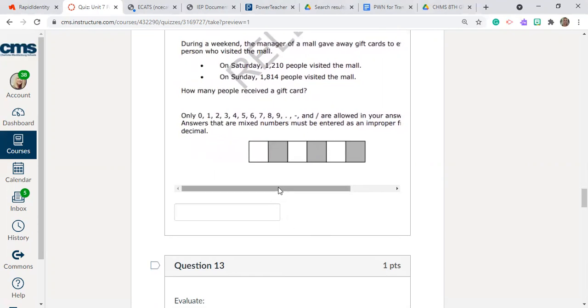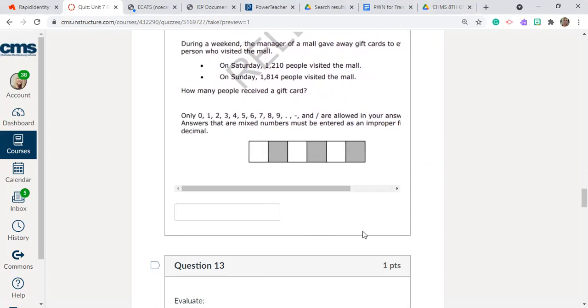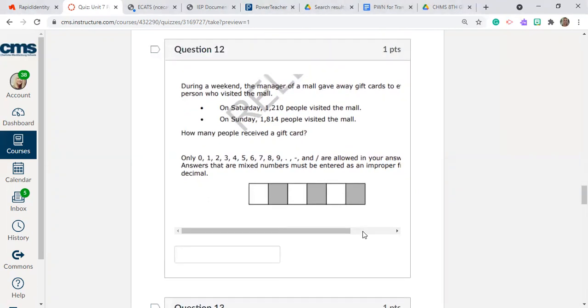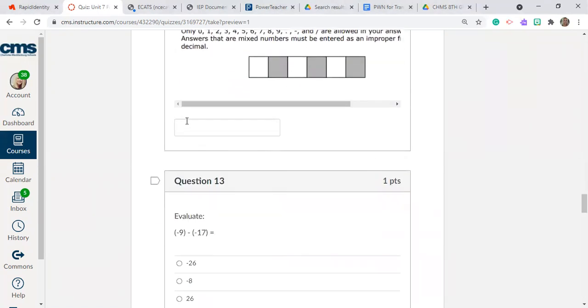And answers that are mixed numbers must be entered as improper fractions or a decimal. Go ahead and pause and do the work for question 12. And you're going to enter your answer right down here.